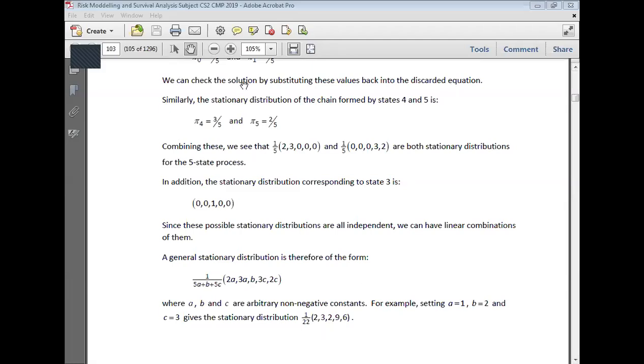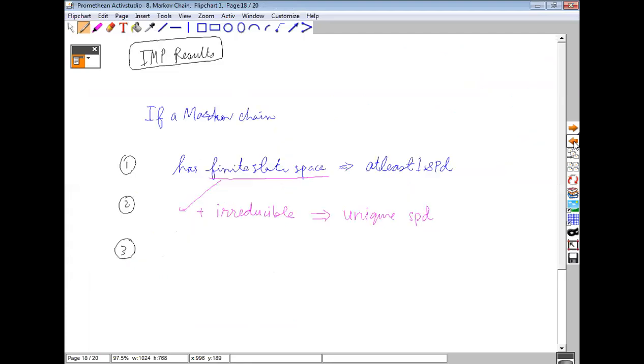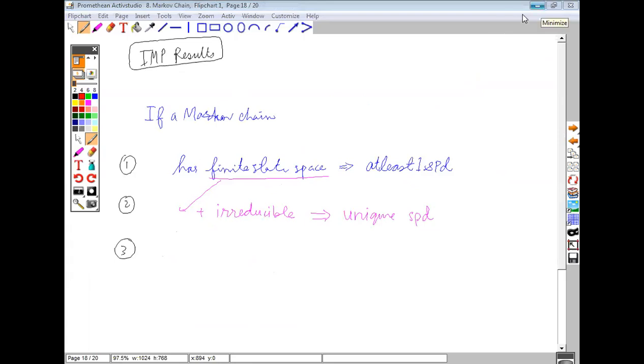Okay, so now that we know that this process was clearly not irreducible, and we saw that we ended up with multiple SPDs, right? Now we also recall the fact that we studied something about periodicity. There is one result specifically that pertains to periodicity, which will be the third result about stationary distributions here. Let us say I have a finite state space, I have irreducibility as well.